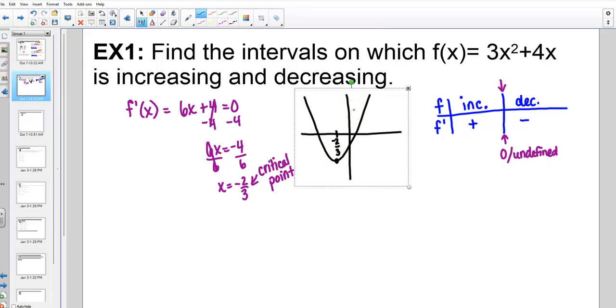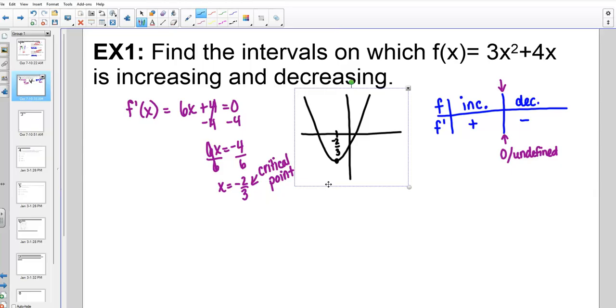I may be way off on exactly what it looks like, but right here is where it's going to switch, right?